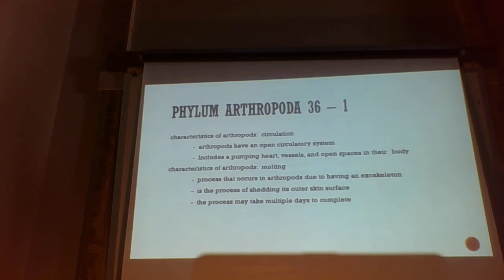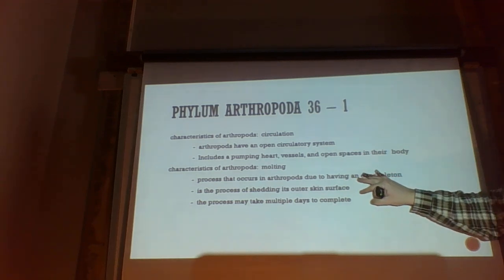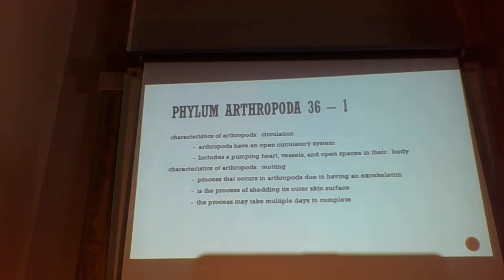When we're looking at characteristics of the majority of arthropods, a lot of them have the skeleton on the outside, which means it's going to have to be shed or released, and that's anything from a spider to certain types of insects that have to go through this process of removing their skeleton.